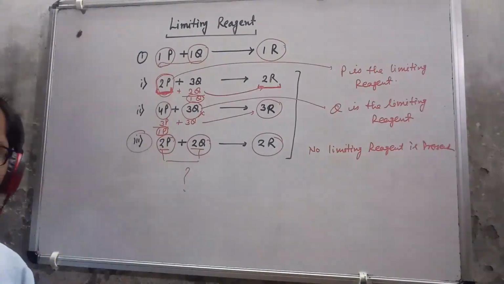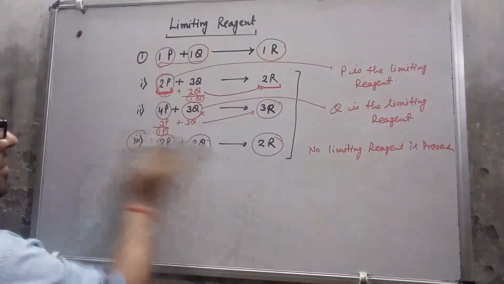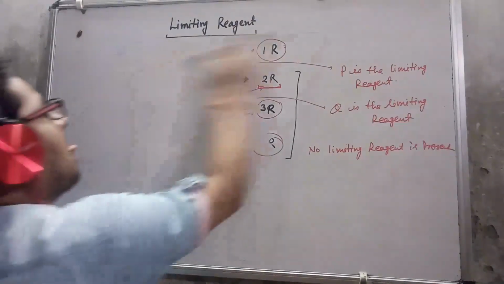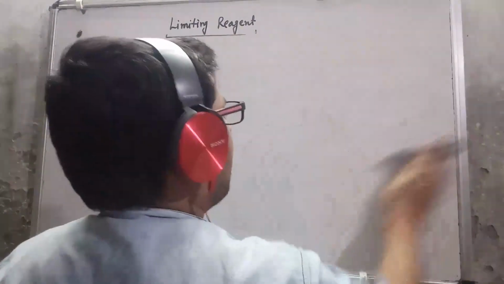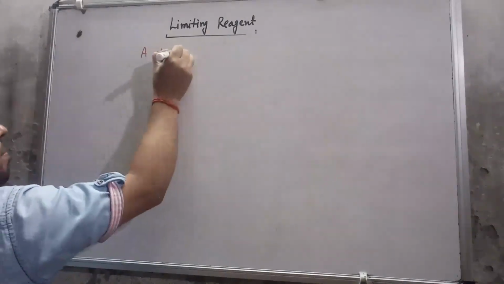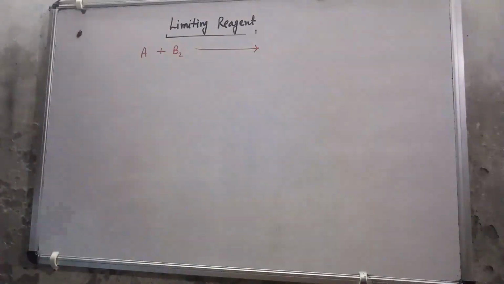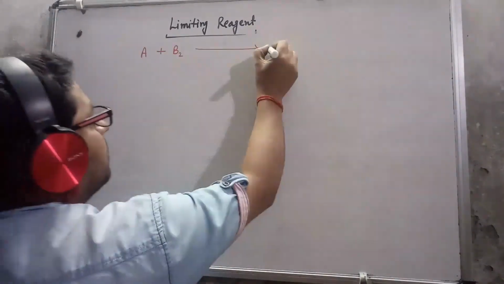Like this, one more question I am going to discuss with you, that is also very interesting. Suppose a reaction is there, A plus B2, then I am getting AB2.